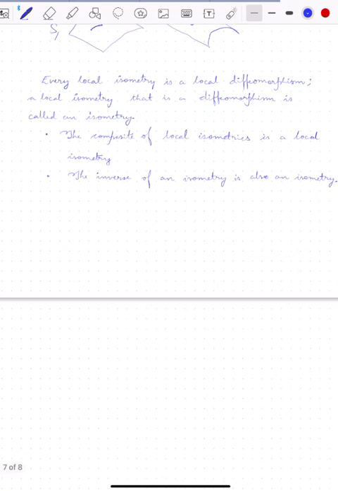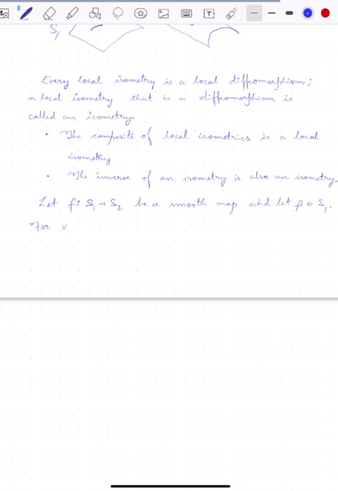So the idea goes that mathematically, say, let F from S1 to S2 be a smooth map and let P vector be an element of the surface S1.